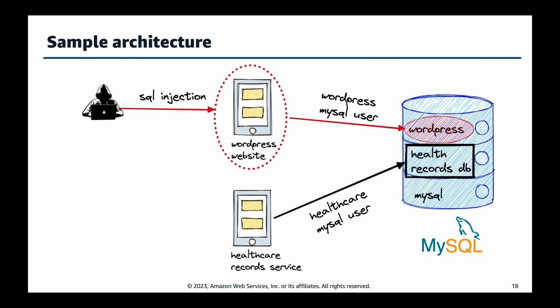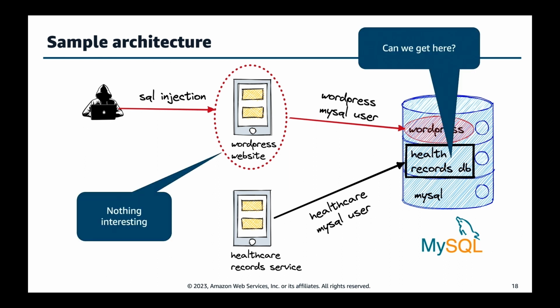So now the goal is to get to the health records database. So the question is, can we get here? Right? So this is the isolation, the boundary. We're trying to break the boundary from one database to another database using the confused deputy problem.